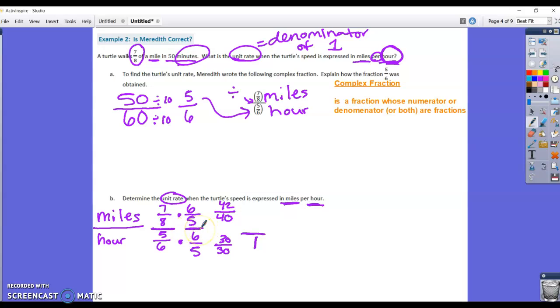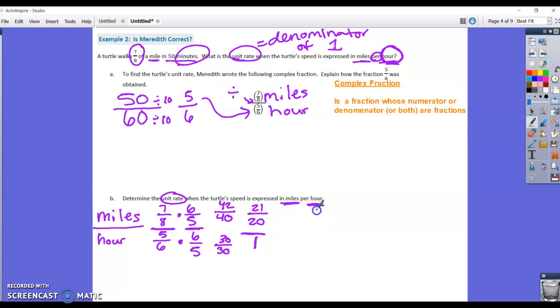At the top we still have miles, at the bottom we still have hours. So for 1 hour, 42/40 will simplify. 2 will go into 42, 21 times, 2 will go into 40, 20 times. So 21/20 mile per hour.